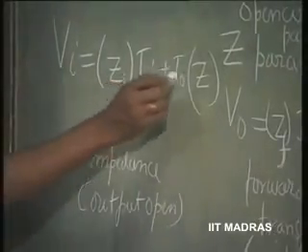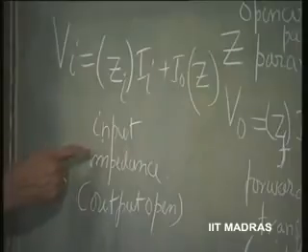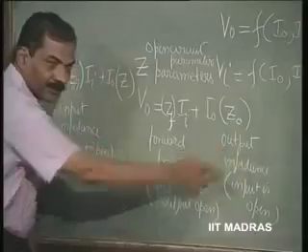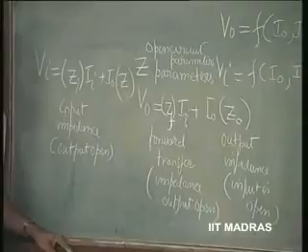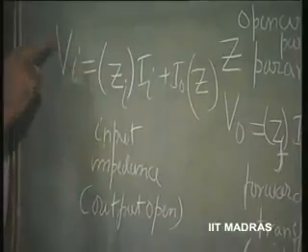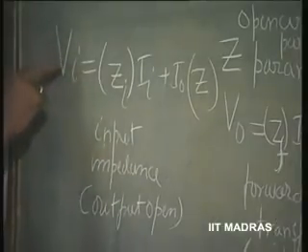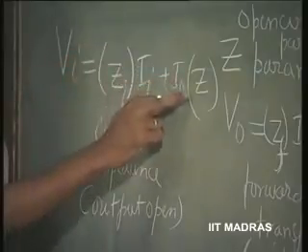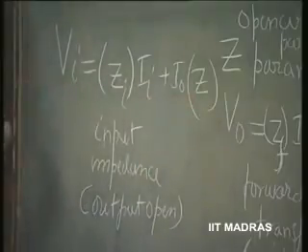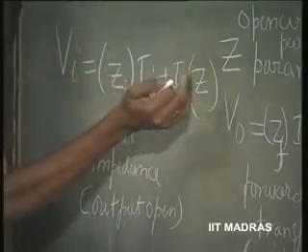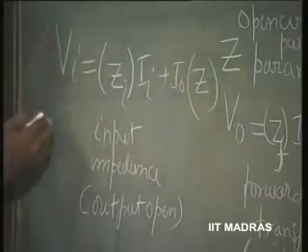Now, finally, we have discussed this parameter also earlier, when we discussed the ideal amplifier. Let us see what this is. This is something we had not discussed, right? But we indicated here. This is what is developed at the input as voltage because of a current at output. That means this is the reverse transfer parameter. From output, it comes to the input.